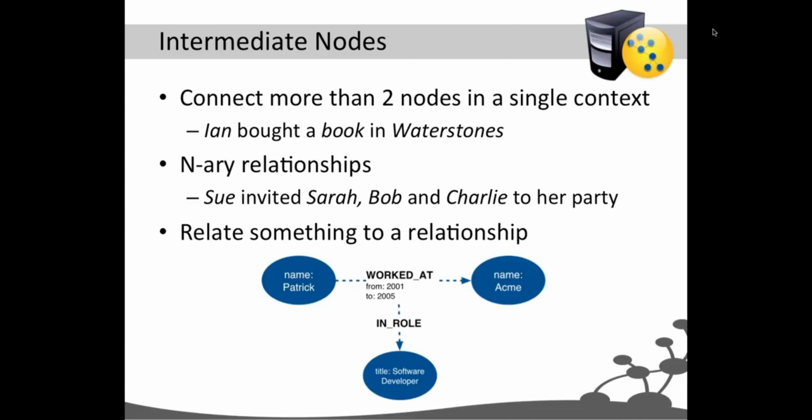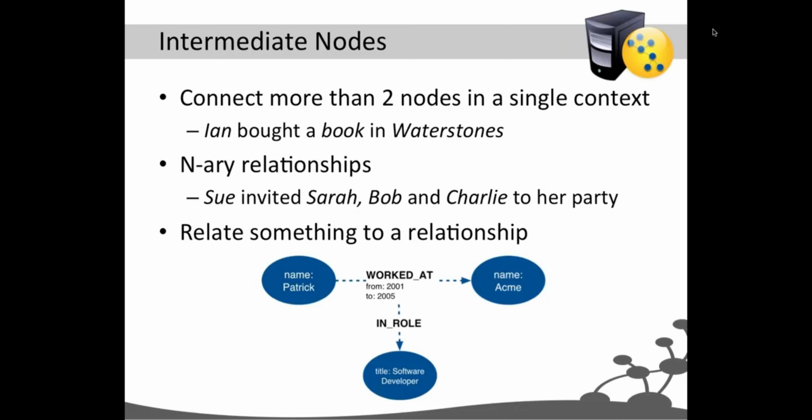Okay. Well, we know that we can't do that in Neo4j. Every relationship in Neo4j has to have one start node and one end node. It can't have one start node and three different end nodes. But nonetheless, this kind of situation crops up very often.